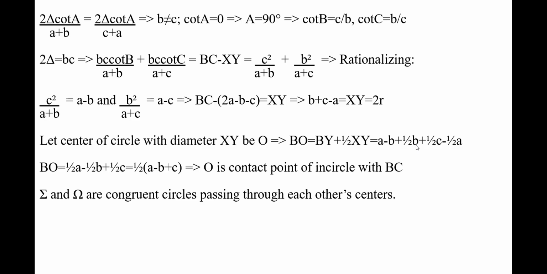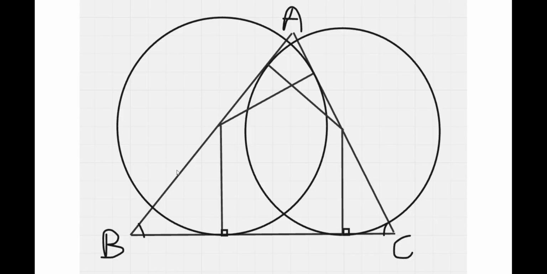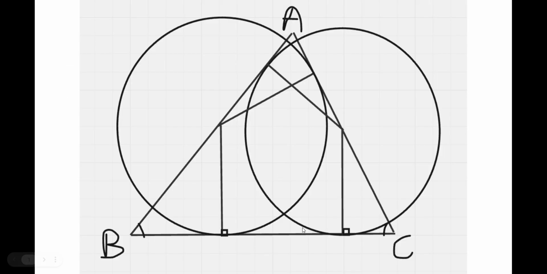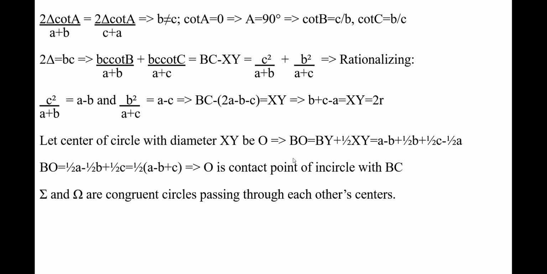We just substitute this, and that gives us this length. Now notice that we're adding these 2 sides and subtracting this side. So that gives you the length of the tangent from this side, which also happens to be the length of BO. That means O is the point of tangency of the incircle with BC, right? Because BO is equal to the length of the tangent from B to the incircle.